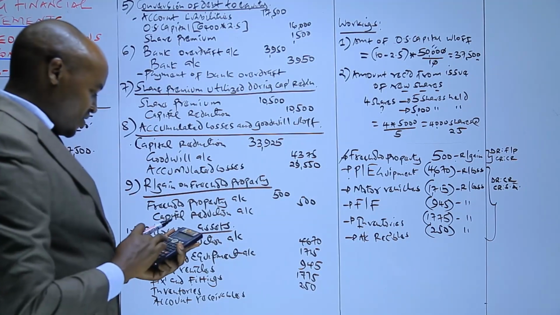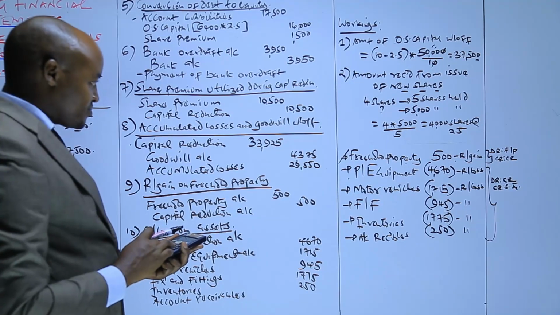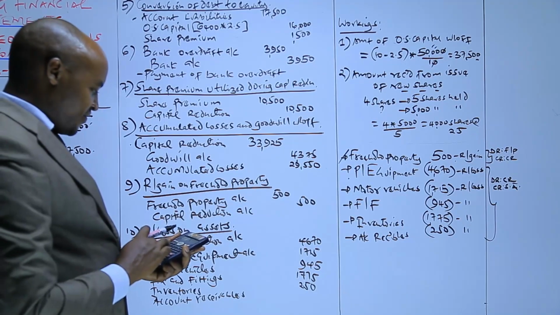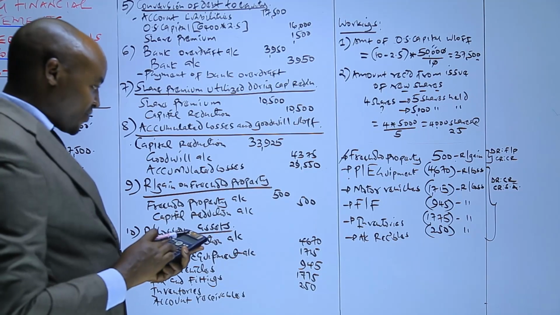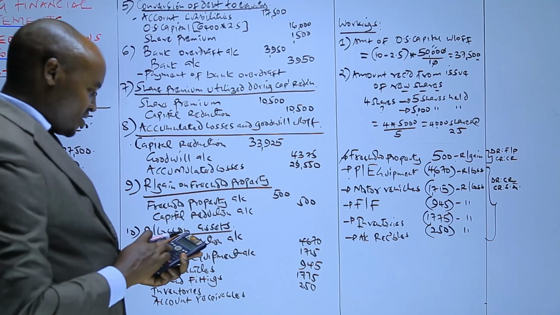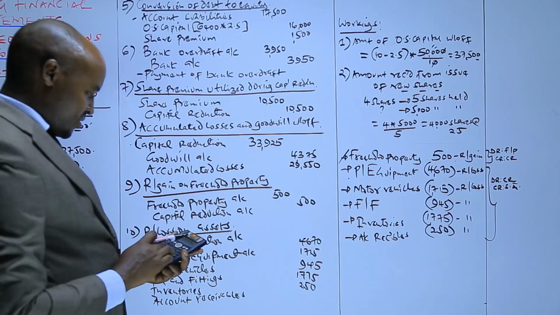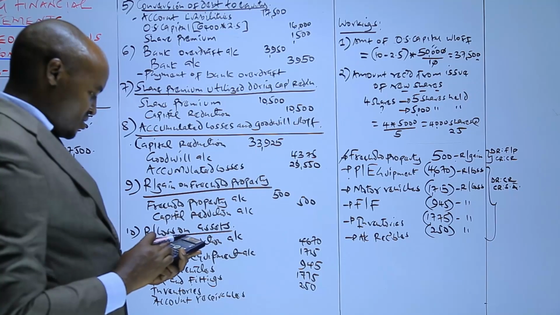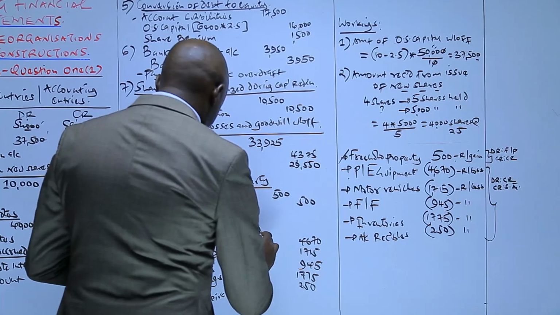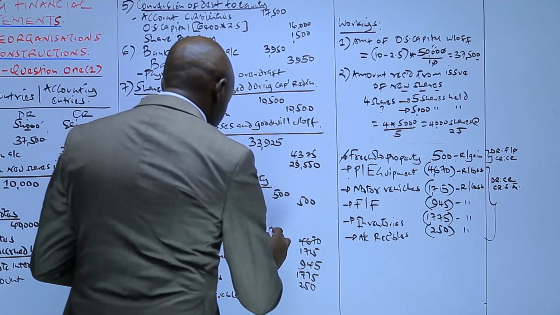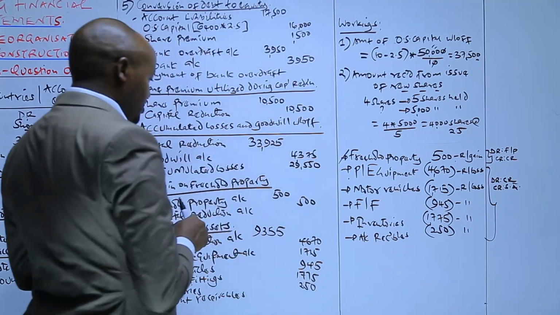So from there, what we need to do is to get the total, which is 4670 plus 1715 plus 945 plus 1775 plus 250. That will give us a total of 9355.